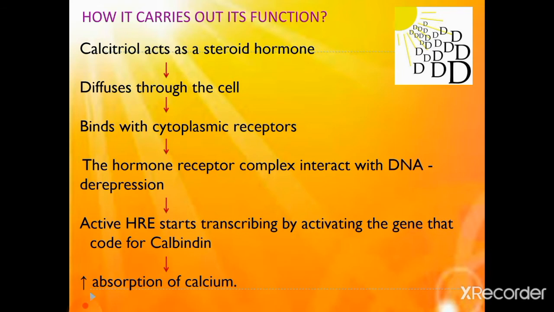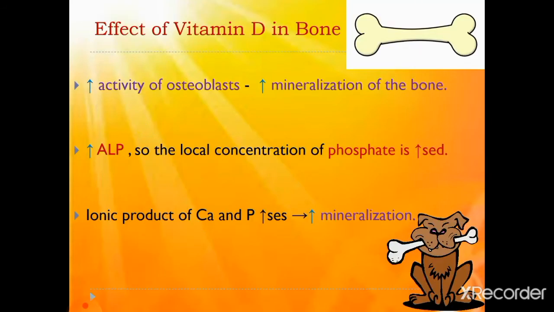This hormone-receptor complex interacts with the DNA, activates the HRE, and starts transcribing the gene that codes for calbindin. So more calbindin is released, and calbindin increases the absorption of calcium. This is how it helps in increasing the absorption of calcium.